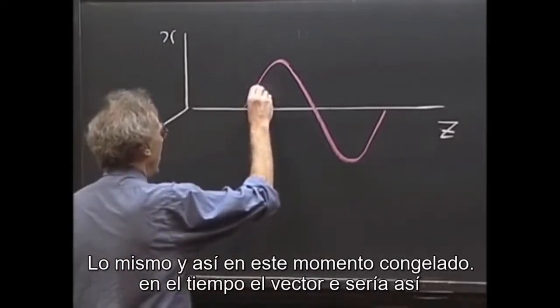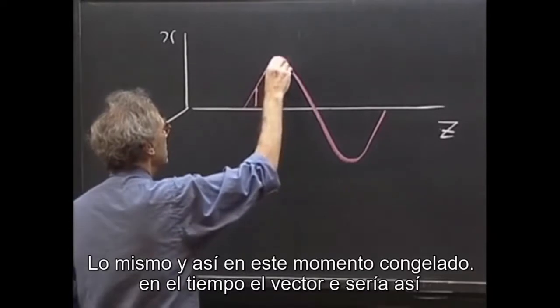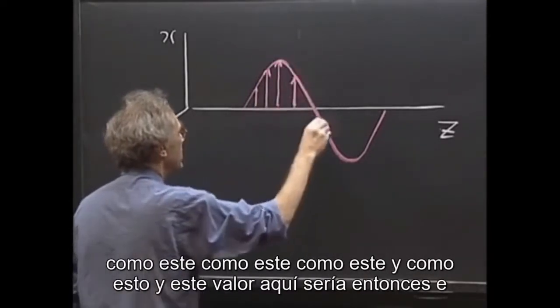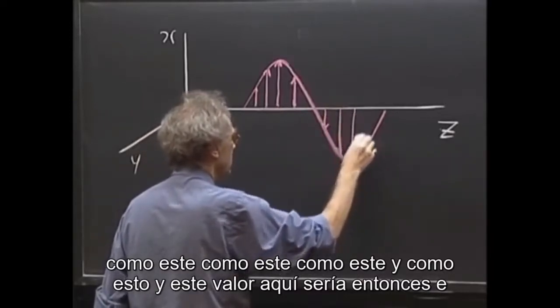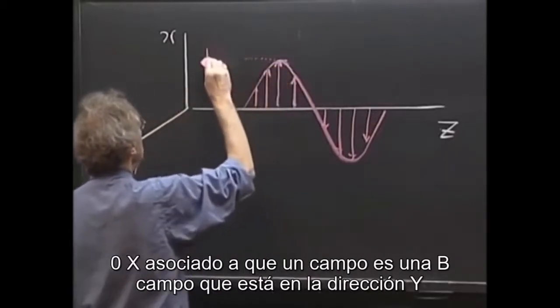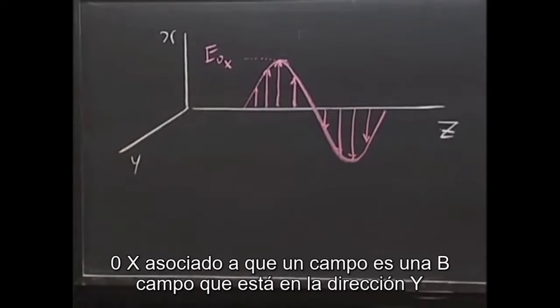If you think it's a sine function, that of course is the same thing. And so at this frozen moment in time, the E vector would be like this, like this, like this, like this, and like this. And this value here would then be E0x.